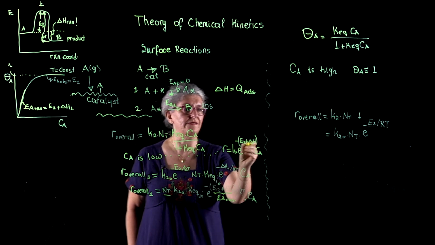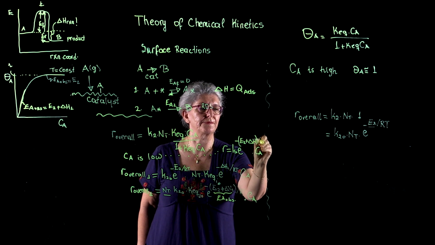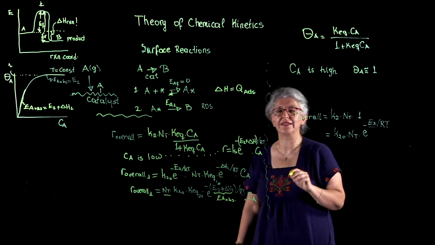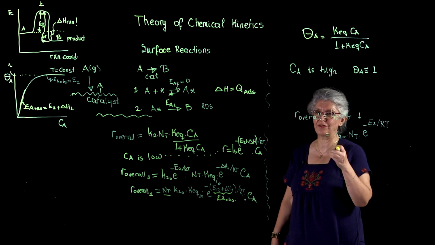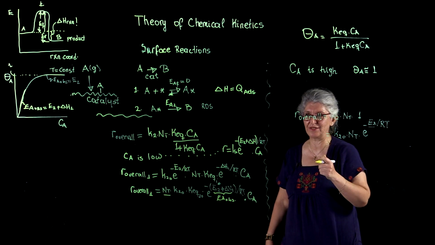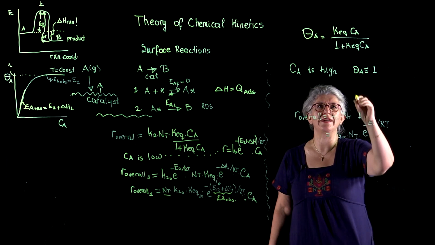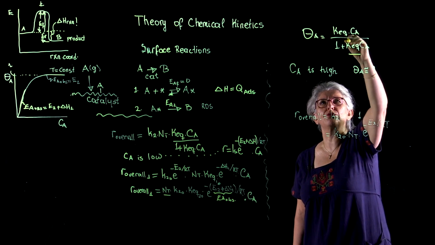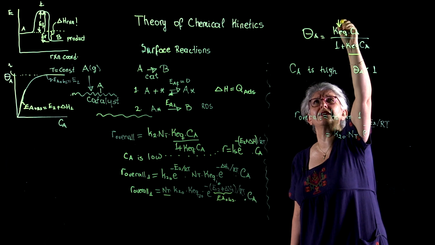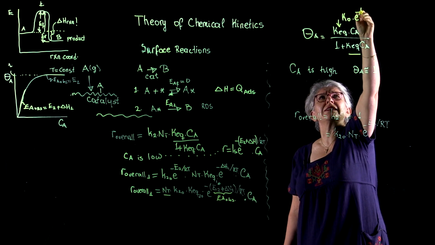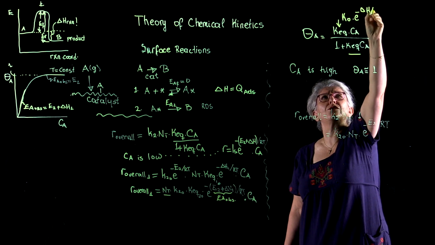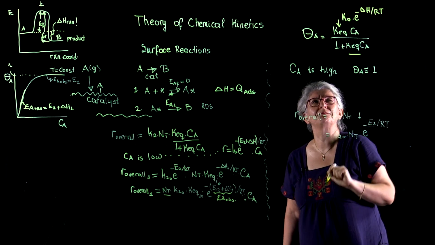Of course, we have over RT here. Now let's see what is the effect of temperature on the observed, measured activation energies. Here temperature enters into our picture through our equilibrium constant. This is K0 e to the minus delta H over RT.